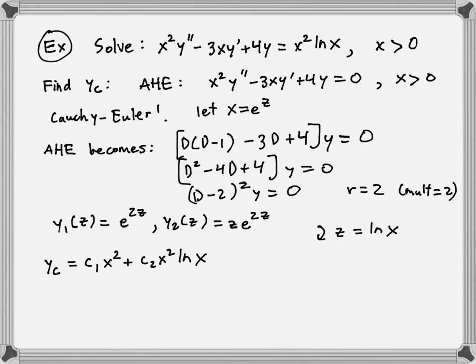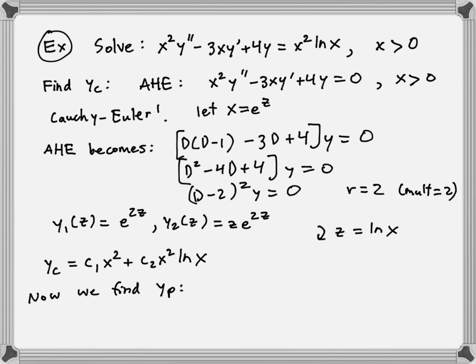Okay, now what? Well, now we have to solve the other side. We have to find yp. So we have two methods to choose from, but I'm going to go with variation of parameters.